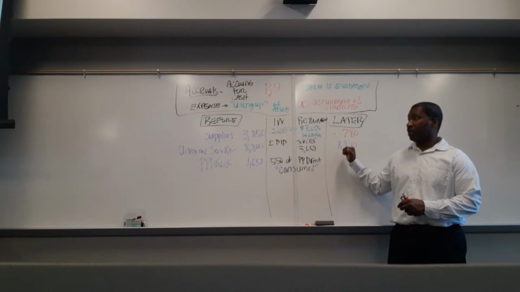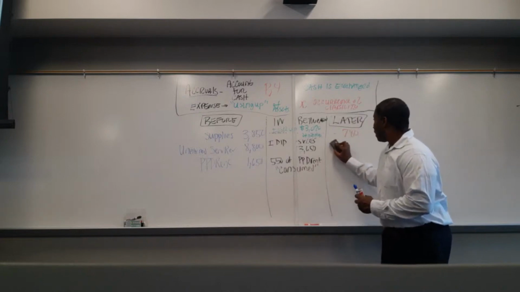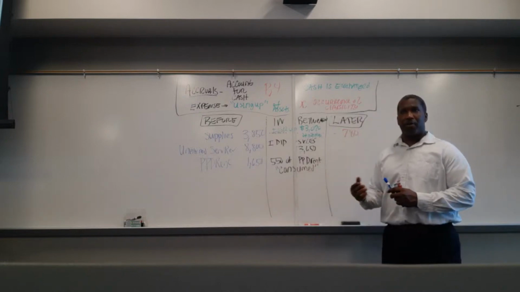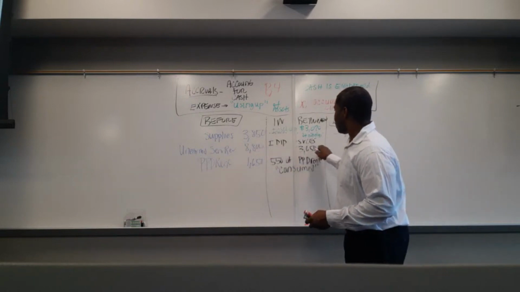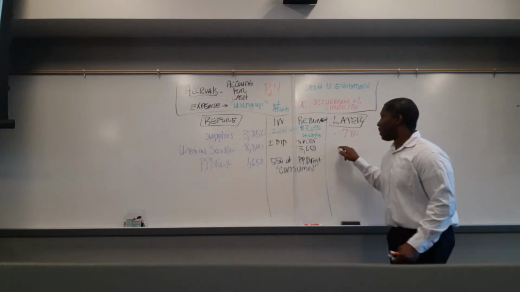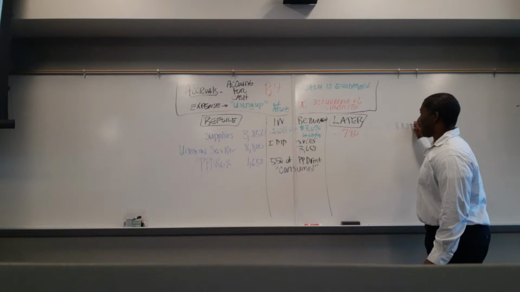Okay, that's if this was here. Now I'm going to erase this because I want to understand the over and understated. Okay, because the accountant did the right job, or the bookkeeper, whoever you have doing it, they did put this in here. So now, what should my balance be? How do I get this balance? It should be 8,800 minus 3,650.